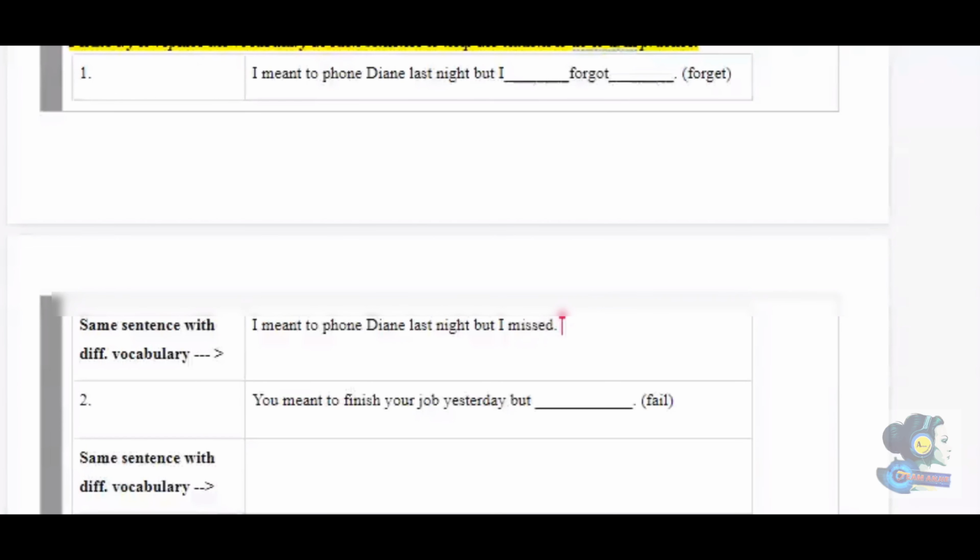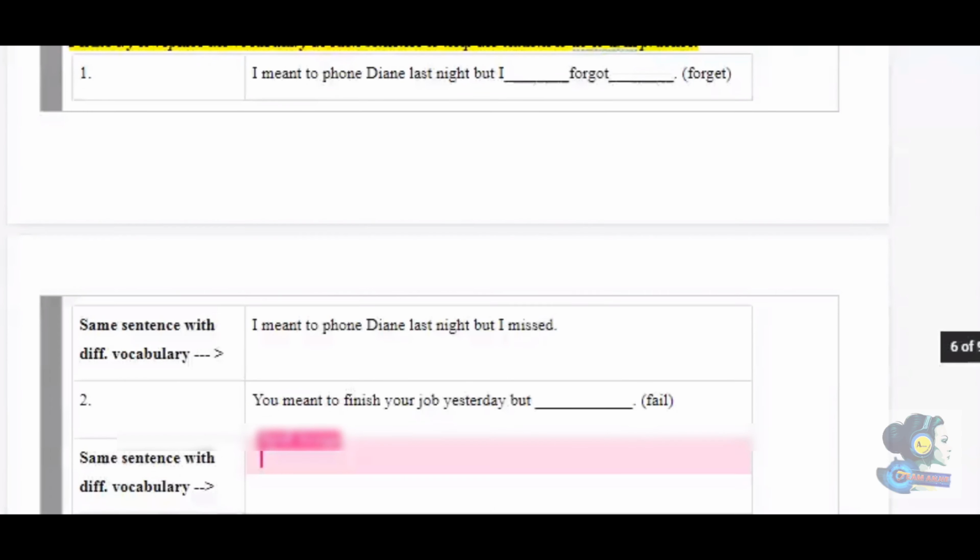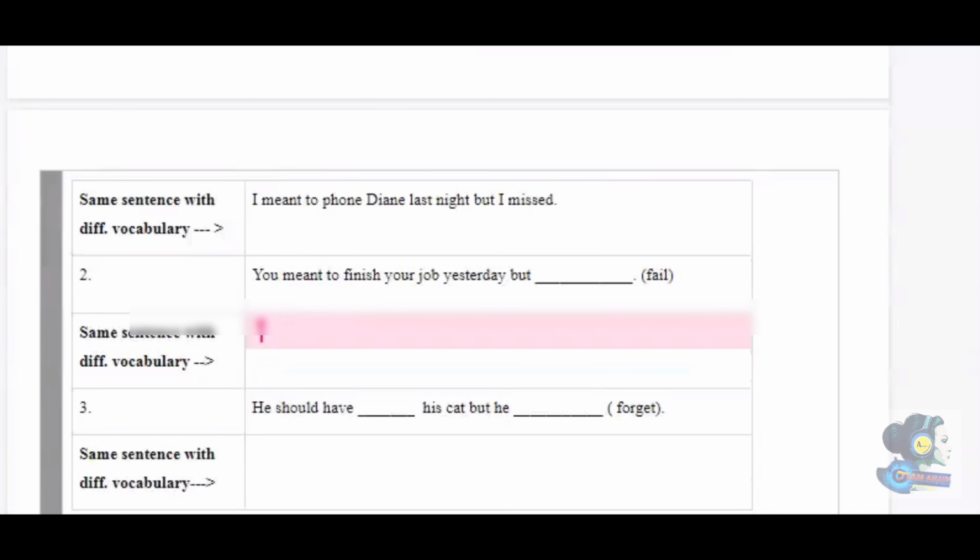Now, let's have the second sentence. Okay, you meant to finish your job yesterday, but blank. Okay, so the past form is failed. Okay, so this one is failed. All right.